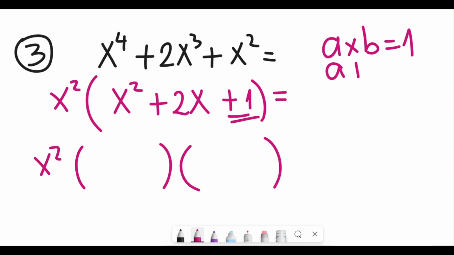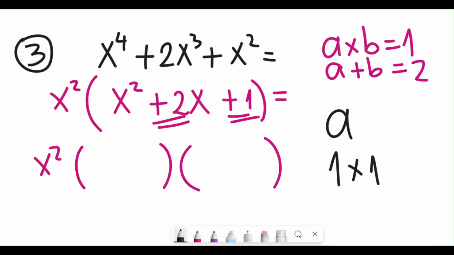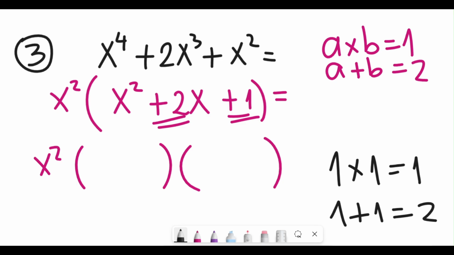So what we have to do is find two numbers that multiply to get 1, but if you add them, you get positive 2. What multiplied by what will give us 1, but if you add them, you get 2? Easy, right? I can hear you shouting. 1 multiplied by 1 is equal to 1, and 1 plus 1 is equal to 2.